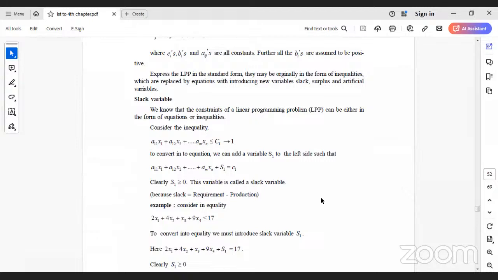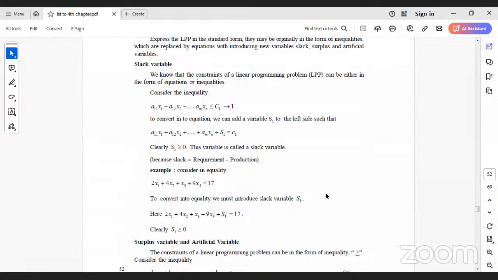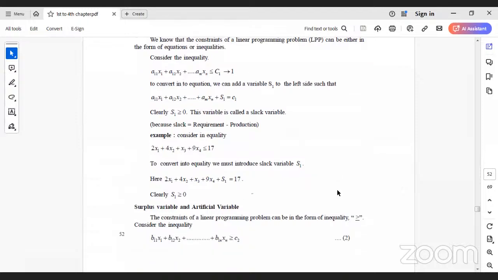So clearly s1 greater than 0. The variable is called a slack variable. Example, consider inequality 2x1 plus 4x2 plus x3 plus 9x4 less than or equal to 70. To convert the inequality, we must introduce a slack variable: 2x1 plus 4x2 plus x3 plus 9x4 plus s1 is equal to 70.